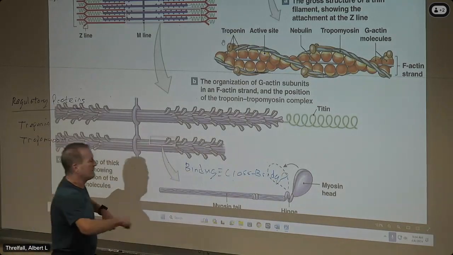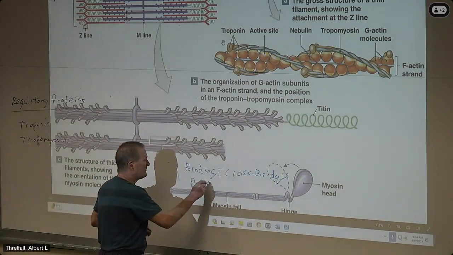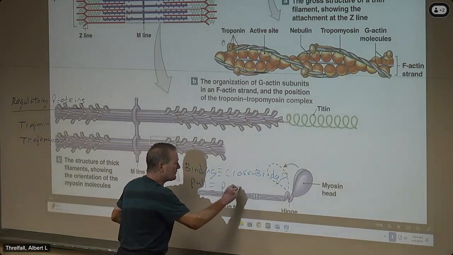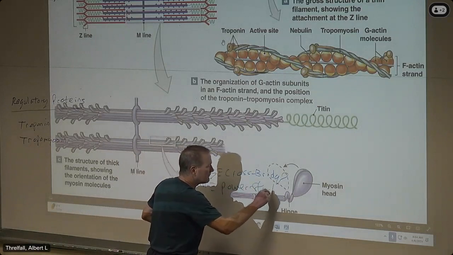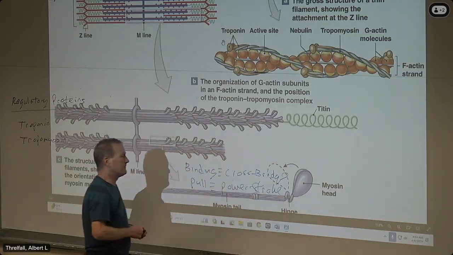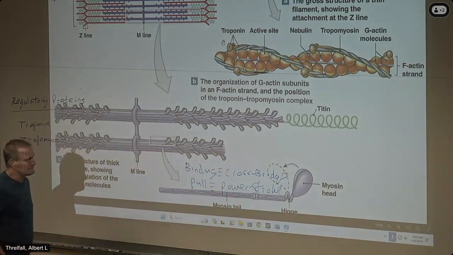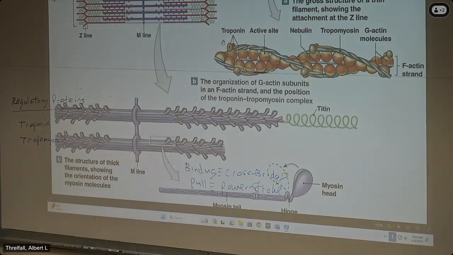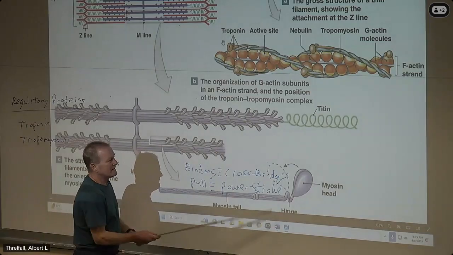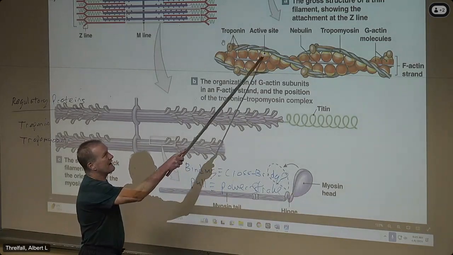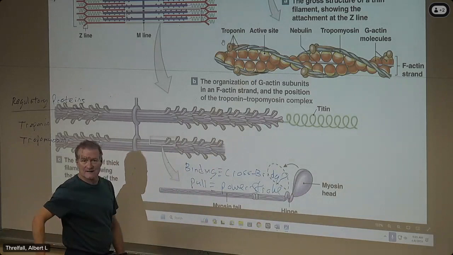And when they pull or when they swivel, it's called a power stroke. So the myosin heads bind the binding site on actin, and then they swivel, or they undergo a power stroke. But the problem, again, is that I don't see how this head can bind the binding site because tropomyosin is in the way.